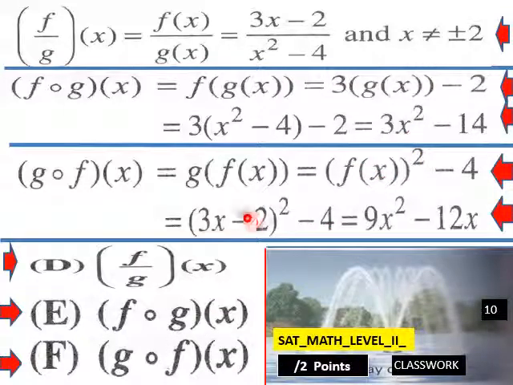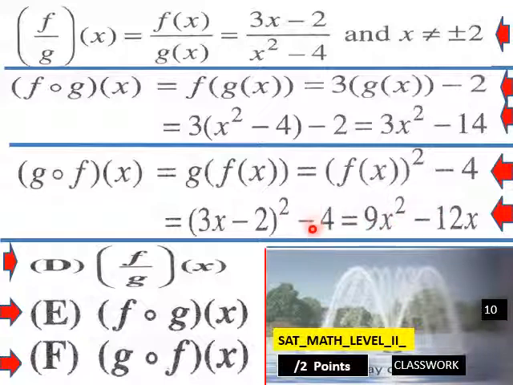And then when we do that, we have 3x minus 2 squared minus 4. And then this would yield a 9x squared here, and then minus 12x here. So when we square this, we have 9x squared minus 12x.